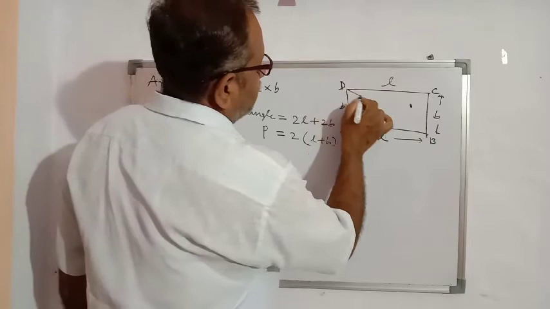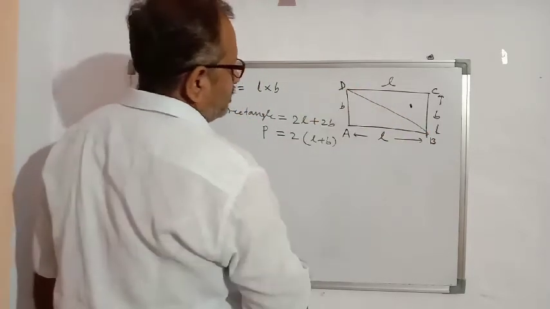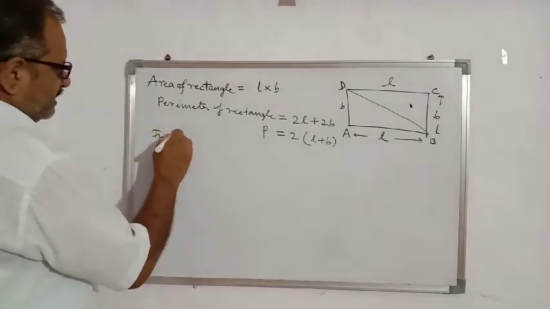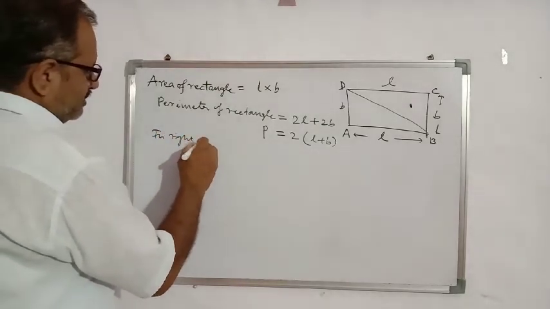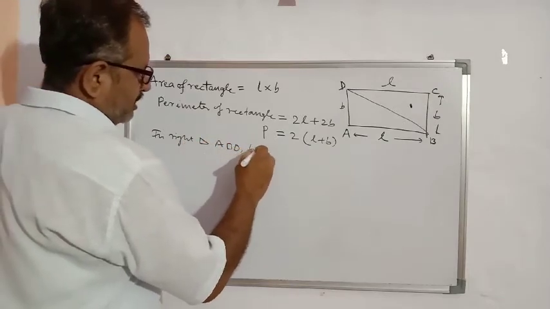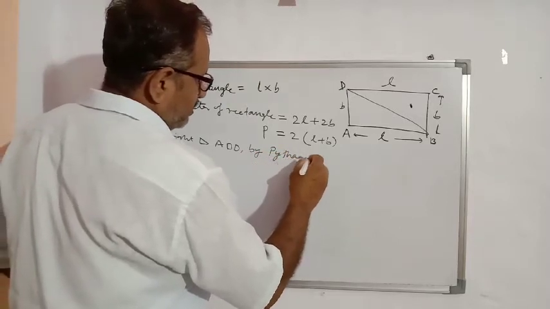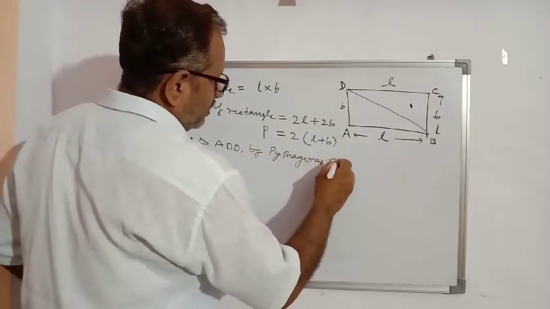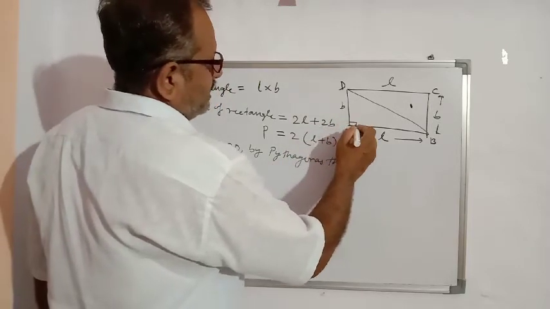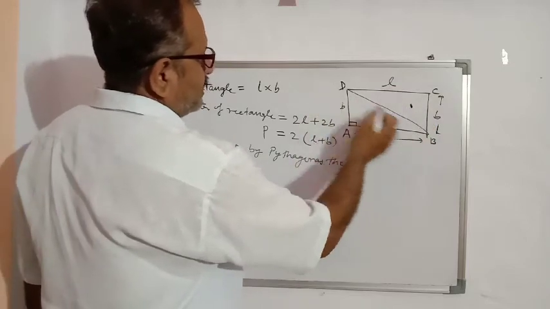If we join B to D, what is BD? BD is the diagonal. So in right triangle ABD, by Pythagoras theorem, this angle is 90 degrees, in a rectangle the angle is 90. So it is a right angle triangle.